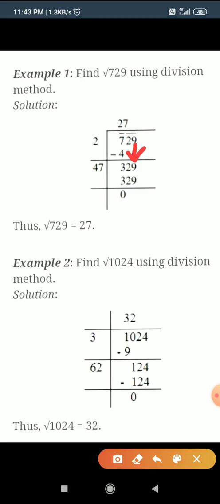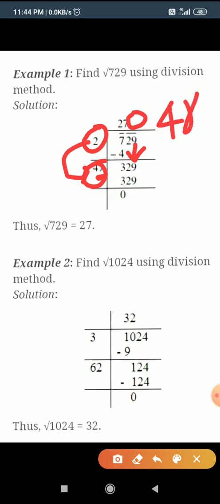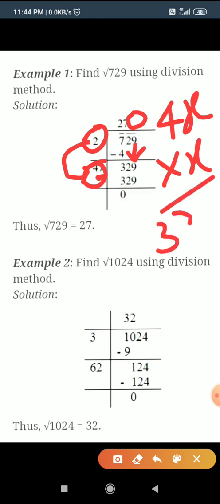The next step is to double this divisor. So you will get 4 here and a blank next to it. Now you have to think of a number so that when you multiply this new divisor by this new quotient digit, the product is either less than or equal to 329. So suppose it is 4x into x, which is equal to 329.